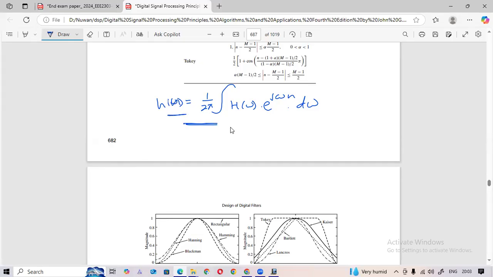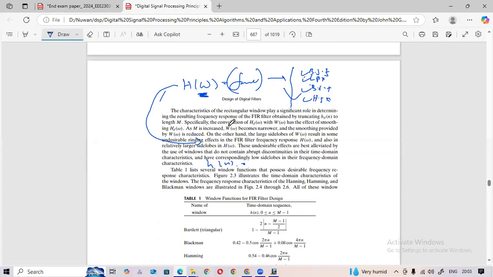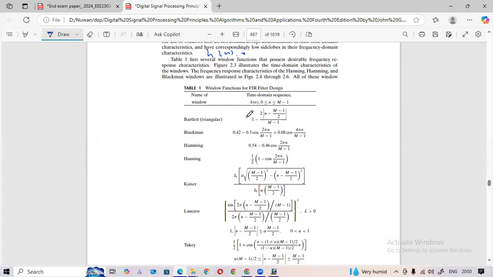Then you will be given a window, for example the rectangular window. This M is the number of taps of the filter.